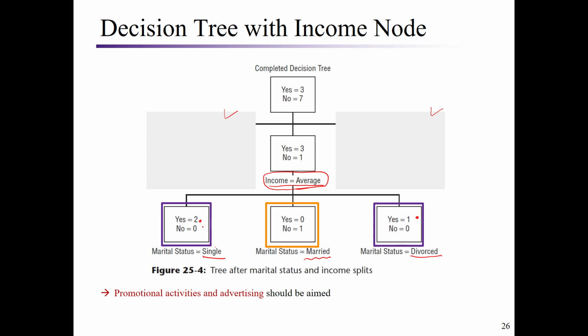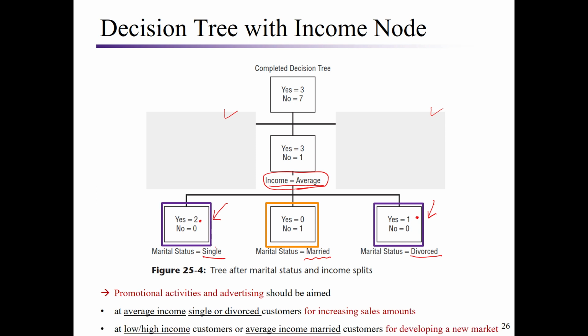Therefore, promotion activities and advertising should be aimed at segments like average income, single or divorced customers for increasing sales amounts. They are the two nodes or segments.